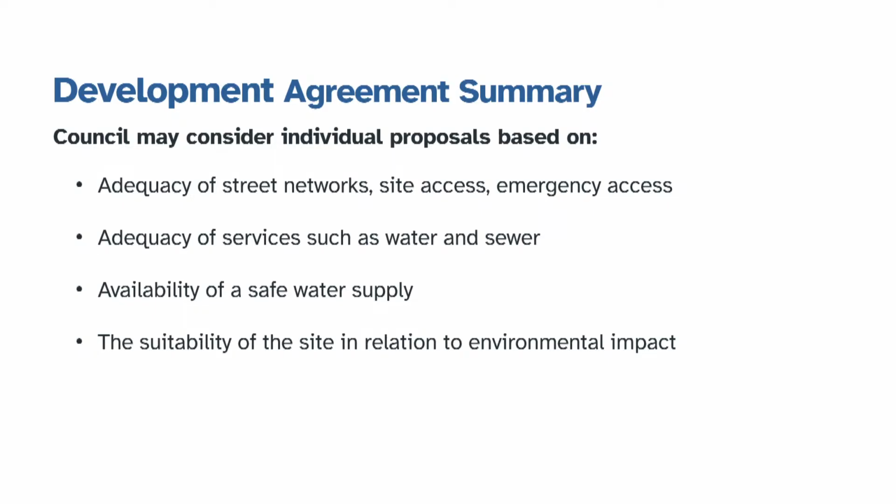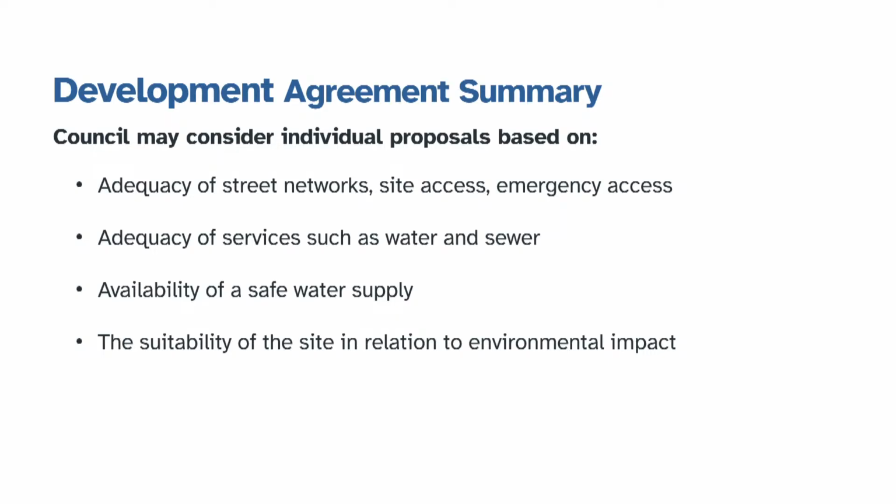Part of the regulations is to require cluster developments of 6 units and up to go through a development agreement process. As part of a development agreement, Council may consider individual proposals based on the adequacy of the street network, site access, emergency access, and things like that.